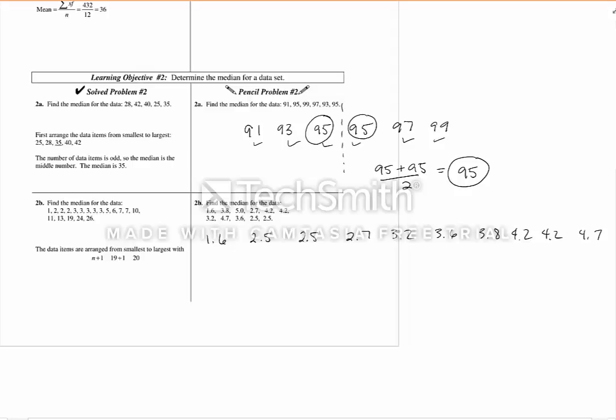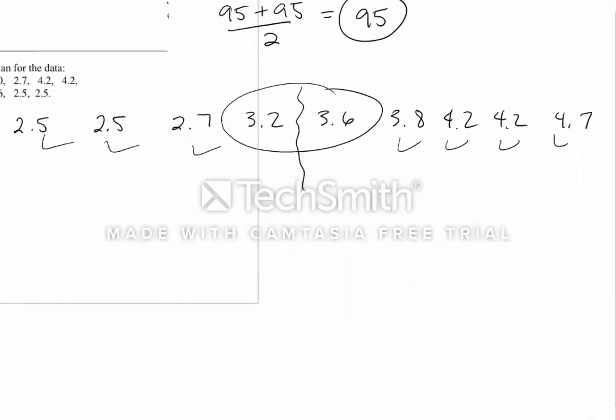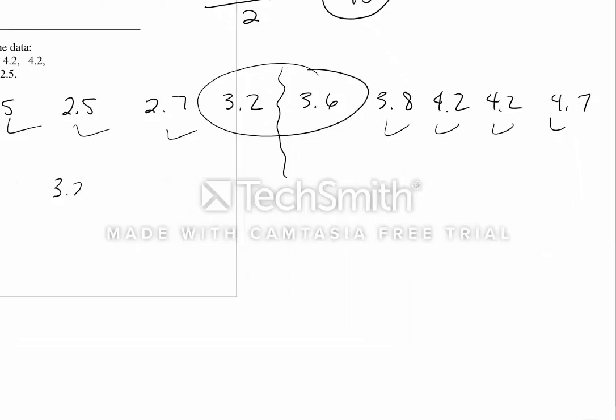So if I start outward and move inward, looks like I'm going to fall in between 3.2 and 3.6. So 3.2 plus 3.6 divided by 2 is going to be 3.4.